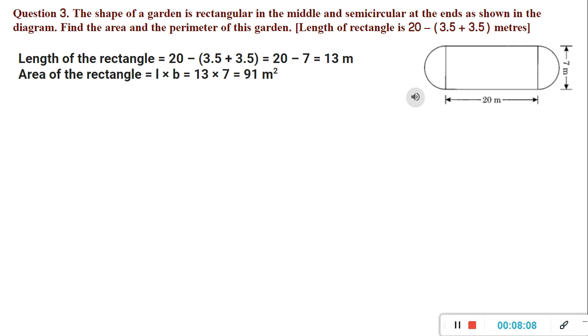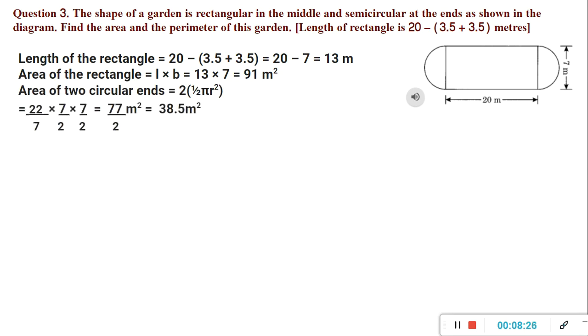Now we want to find the area of the two circular ends. That means semicircles are there on both sides. So here 2 into area of semicircle, that is half pi r square. So 2 into half pi r square, 2 will cut, so pi r square will come. So 22 upon 7, the value of pi, into r, here 7 upon 2.